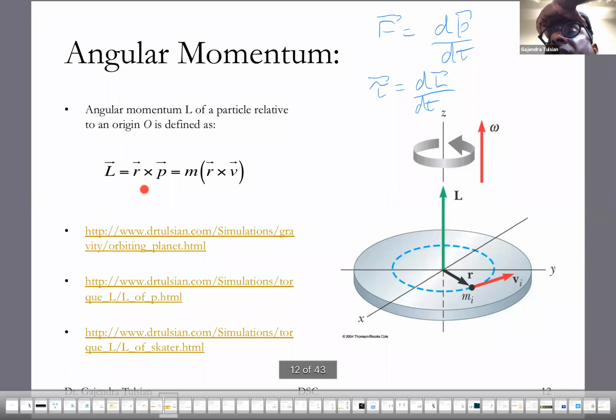So there's angular momentum, there's that term. And what one finds is torque is equal to the rate of change of angular momentum. And here are some simulations that you can go check out that will illustrate some of these concepts.